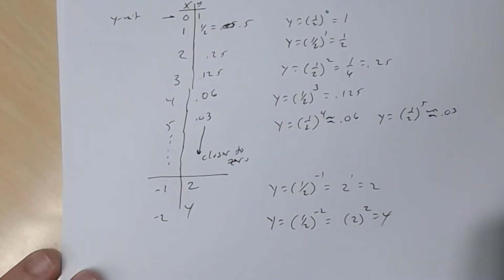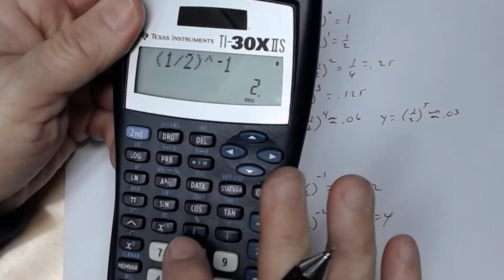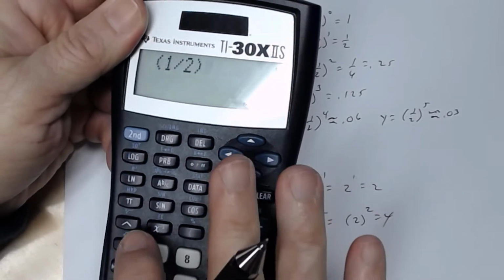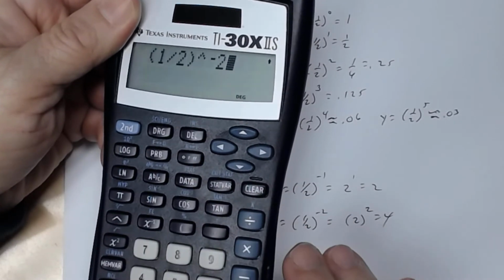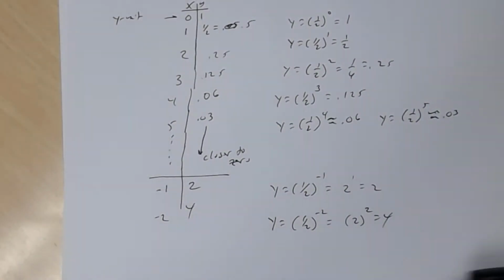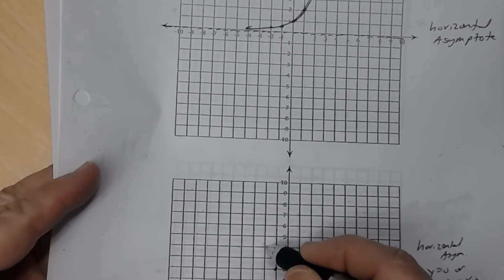And again, if you didn't know that, just use your calculator. You're going to say parentheses 1 divided by 2, close parentheses, raised to the -2nd power, and notice you get 4. So I'm going to plot the point -2, 4, which is about here. And I'm going to keep on going for a little while.